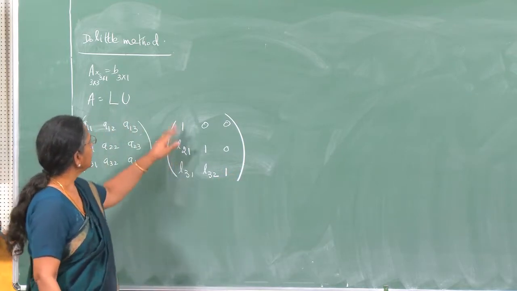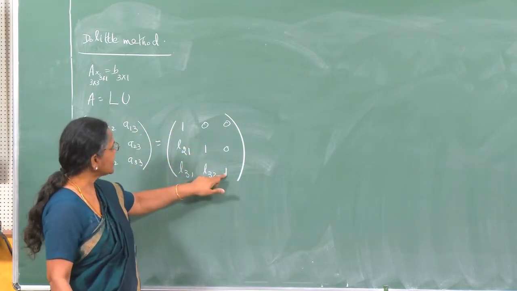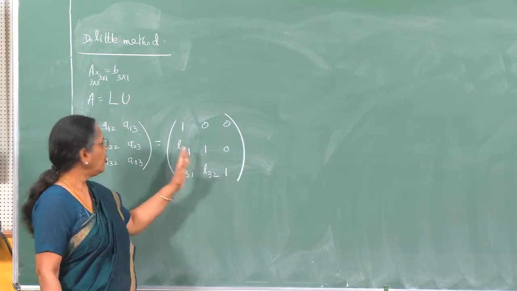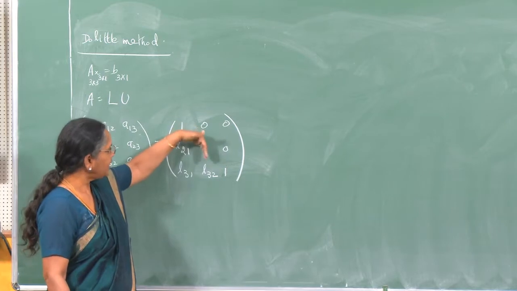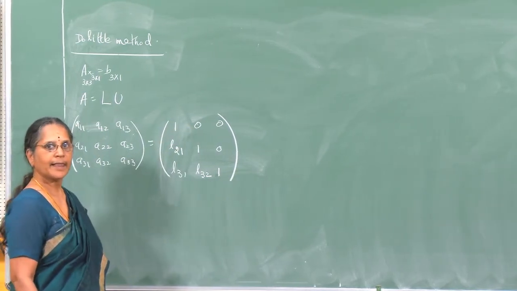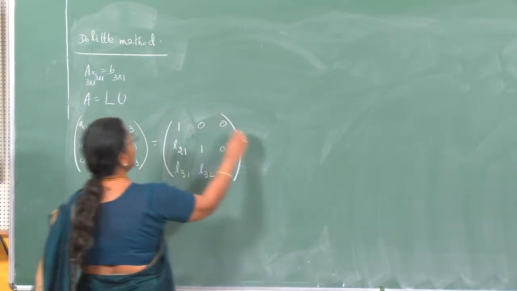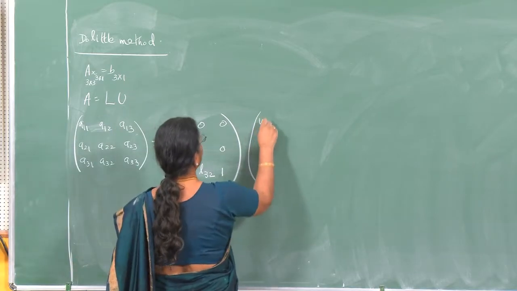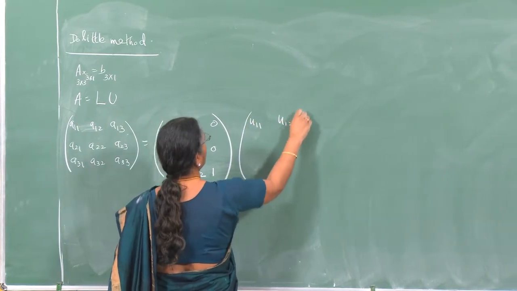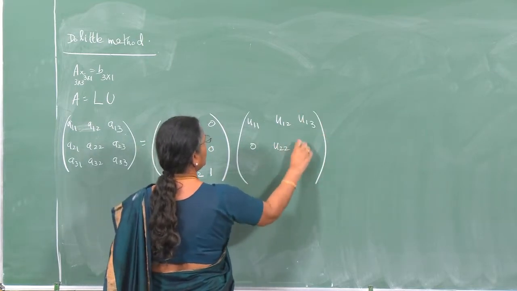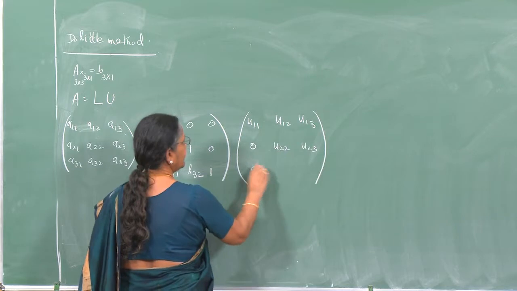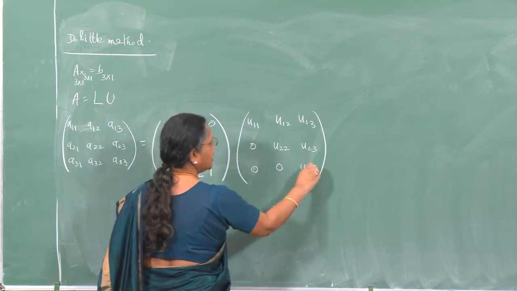So, you observe that this L is a unit lower triangular matrix with entries only lying below the diagonal, and U is an upper triangular matrix: U11, U12, U13, 0, U22, U23, 0, 0, U33.